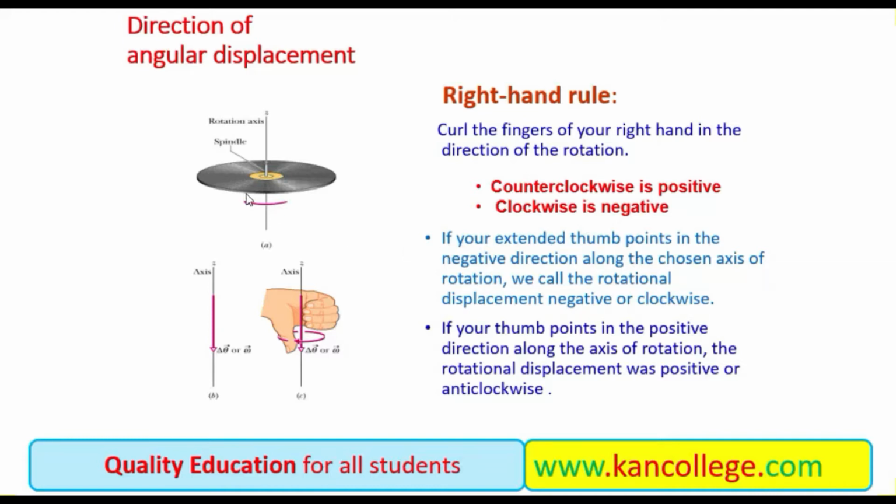So, according to the right hand rule, you have to curl the fingers of your right hand in the direction of rotation, as shown in the figure. If your extended thumb points in the negative direction along the chosen axis of rotation, we call the rotational displacement negative or clockwise.